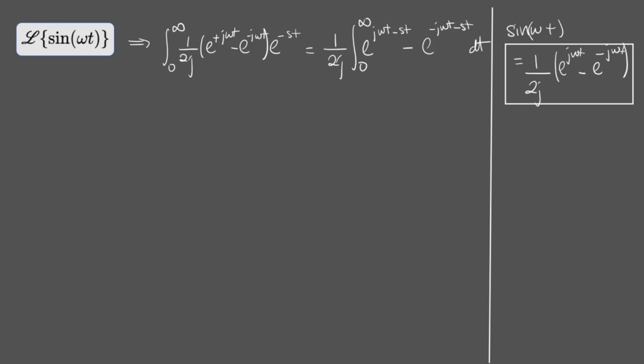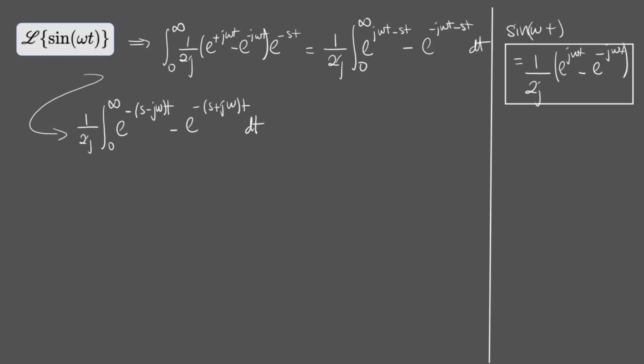So we're now going to factor out the minus sign and factor out time. So that's going to be 1 over 2j from 0 to infinity, e to the minus (s minus j omega) multiplied by time, minus e to the minus (s plus j omega) multiplied by time, dt.